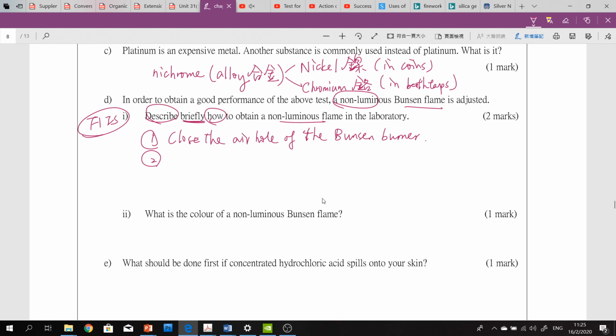So you are going to bring a lighted match or a lighted lighter above the top of the burner, and only then will we start to open the gas tap.